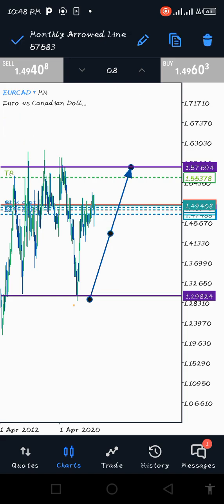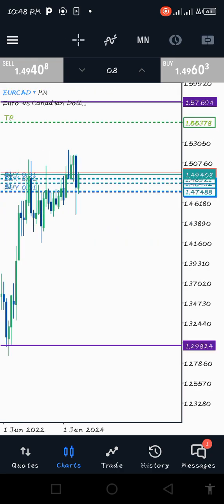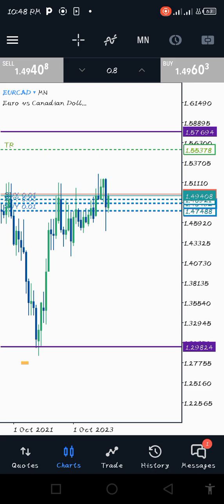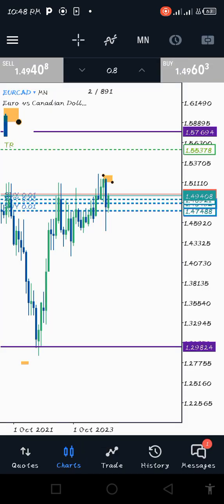So deleting this, we move to the latest data on the monthly time frame. We just select the last 3 to 4 months on this pair. Selecting the last 3 to 4 months on this pair, what do we see?